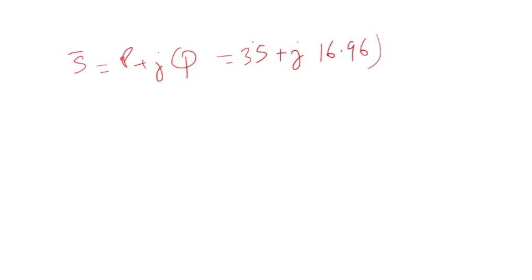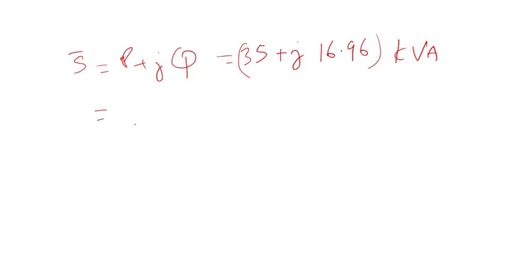So the complex power, we know S as a phasor is P plus J times Q. P is 35 plus J times 16.96. So obviously S is in kVA. This is in rectangular form.